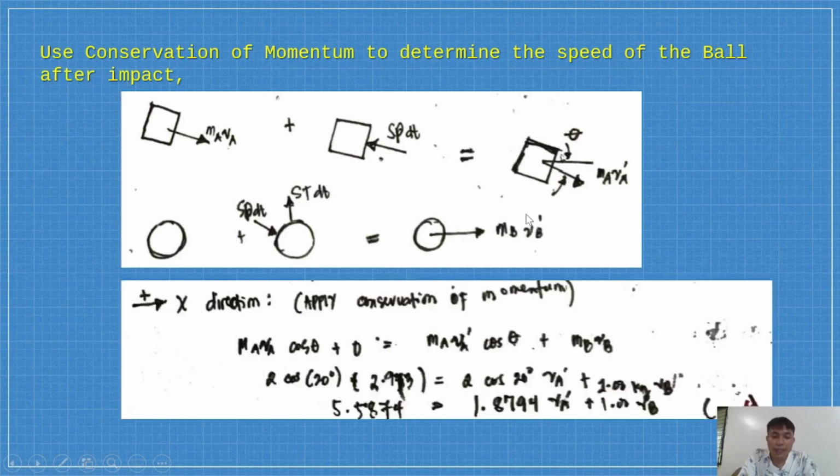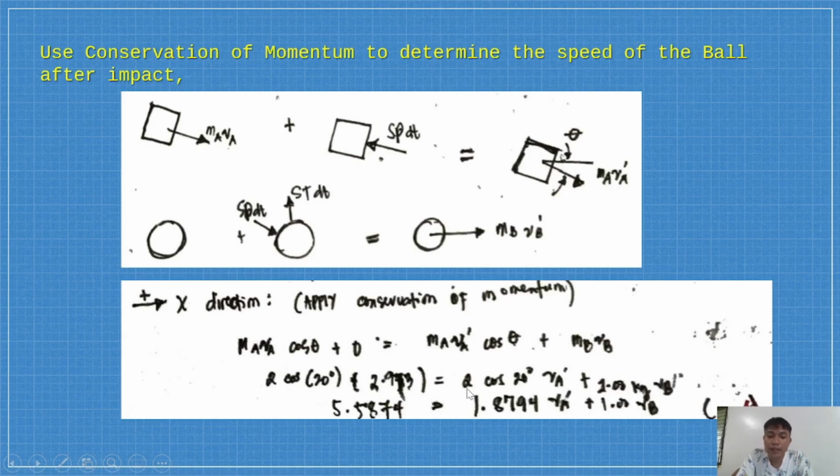In the x direction, if we apply conservation of momentum, we have mA vA cos theta plus 0 is equal to mA vA with an apostrophe cos theta plus mB vB. Here, 2 times cos 20 degrees multiplied by our VA, which is 2.973, is equal to 2 cos 20 degrees VA with an apostrophe plus 1 kilogram VB.